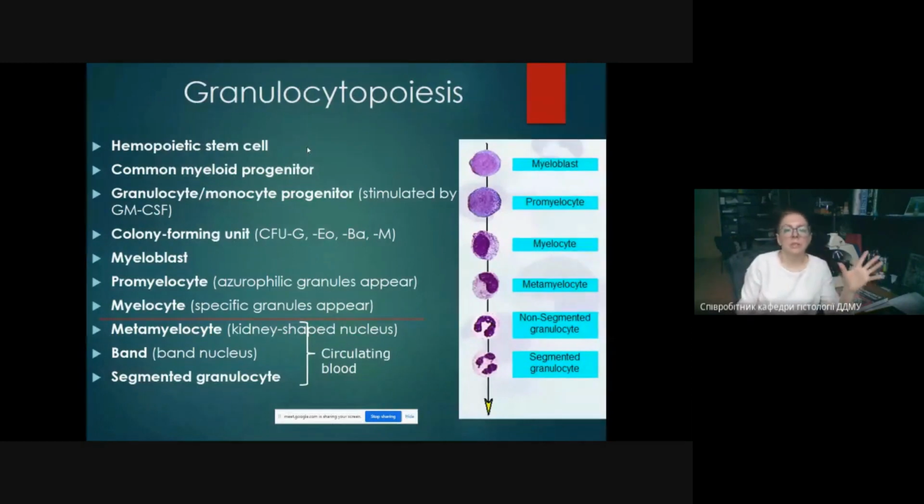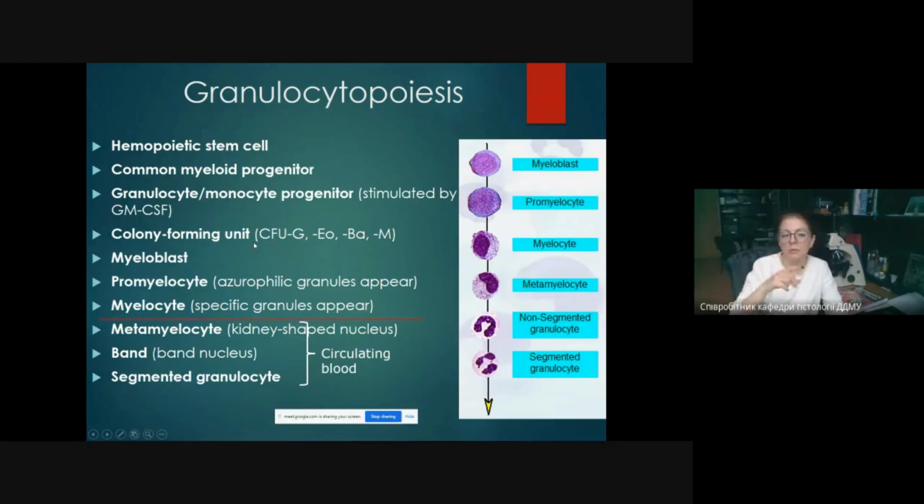Okay, and granulocytopoiesis, I think one of the most complicated because of many transient stages. But we start from the stages we are already familiar with. So hematopoietic stem cell, then common myeloid progenitor, then granulocyte monocyte progenitor, and it is stimulated by the granulocyte monocyte colony stimulating factor. Then colony forming unit.